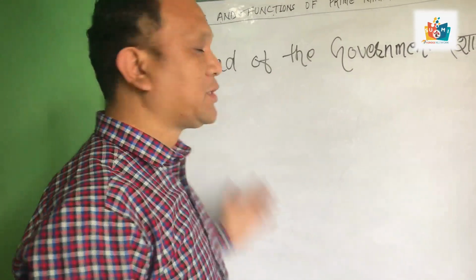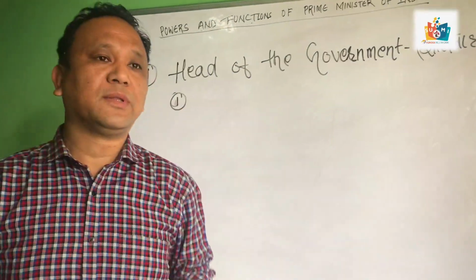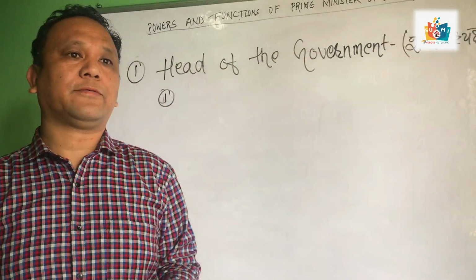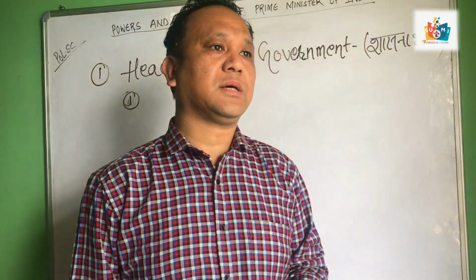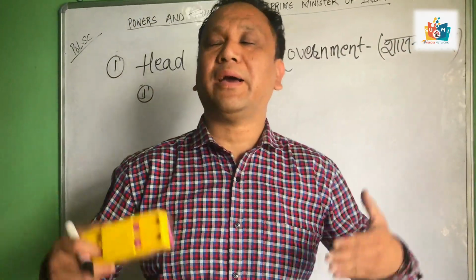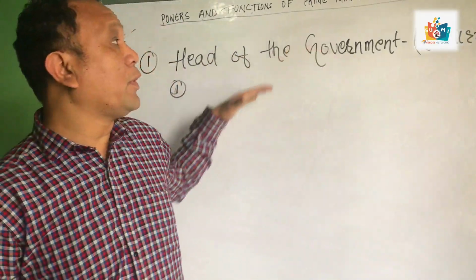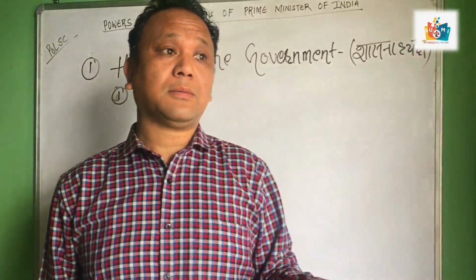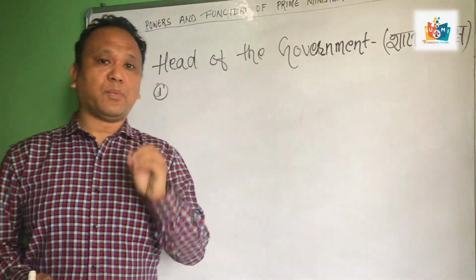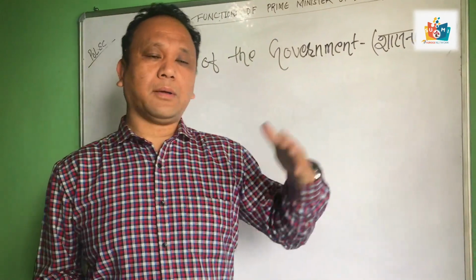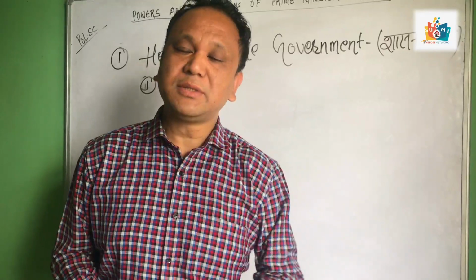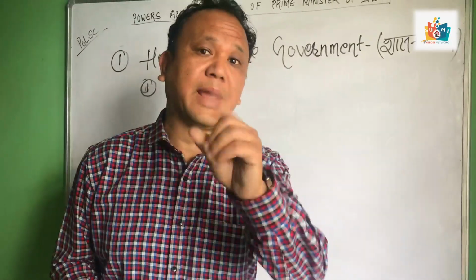One thing in this connection I would like to tell you, that all the appointments of dignitaries such as Attorney General, Chairman of Planning Commission, judges of High Court and Supreme Court are made by the President. But the President can appoint these dignitaries only on the recommendation, suggestion and advice of the Prime Minister.